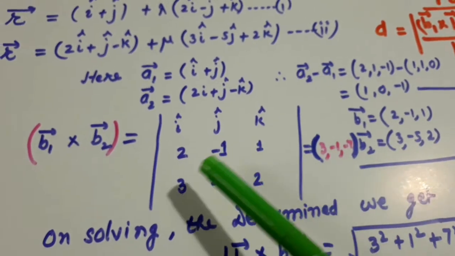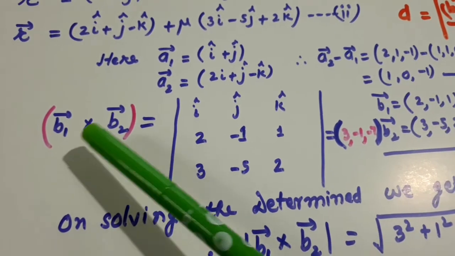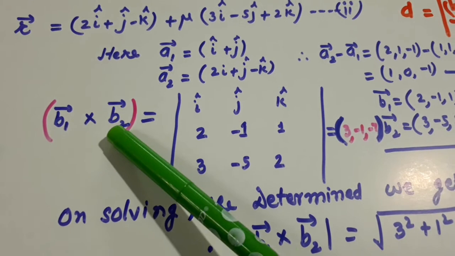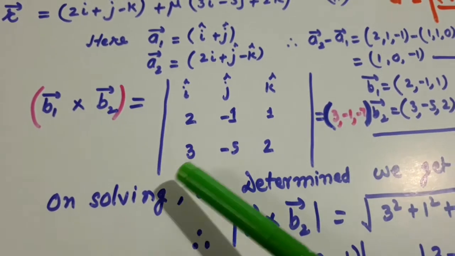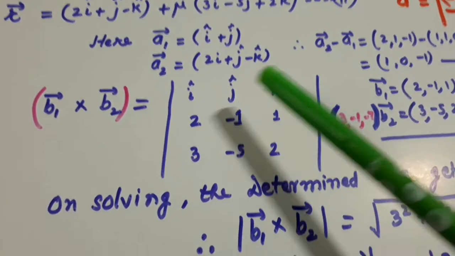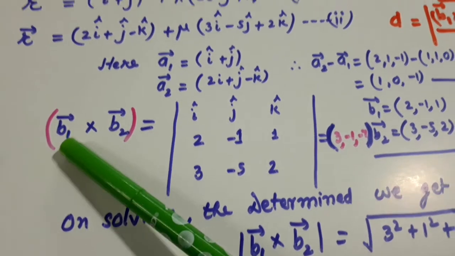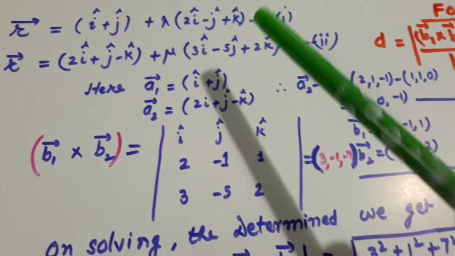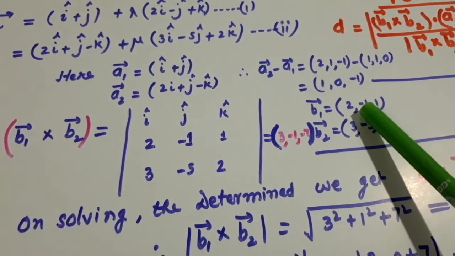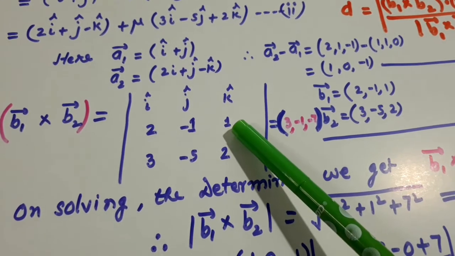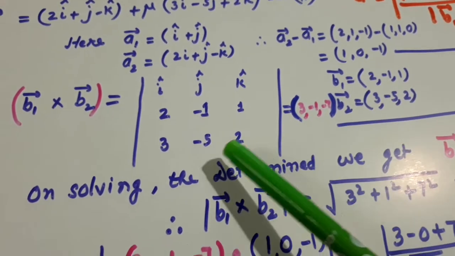So we will find the cross product. Cross product means determinant. Write i, j, k here. b1 is 2, minus 1, 1. Here the second line comes, and b2 is the third line.